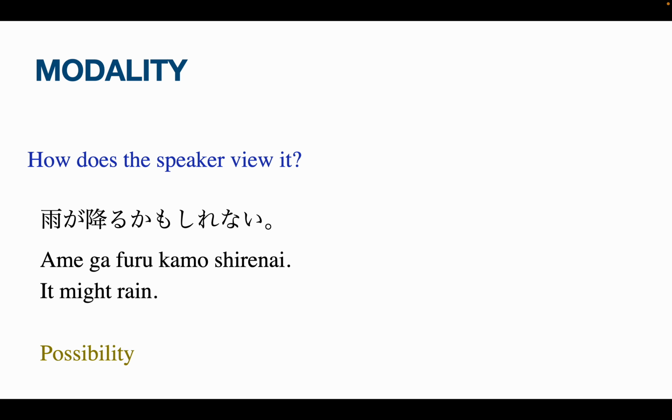And with かもしれない, like here, the speaker expresses possibility or uncertainty.